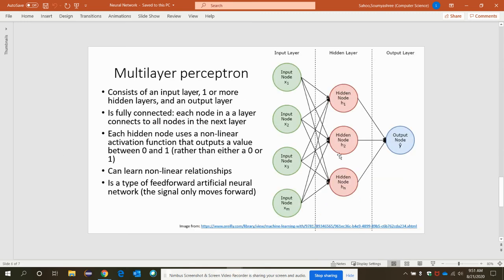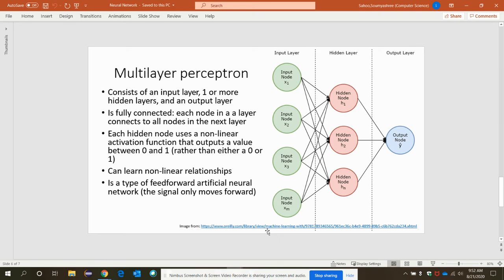Next, we are going to see what a multi-layer perceptron is. A single layer perceptron, SLP, is a basic type of artificial neural network that consists of just two layers of nodes: an input layer containing input nodes and an output layer containing the output nodes.